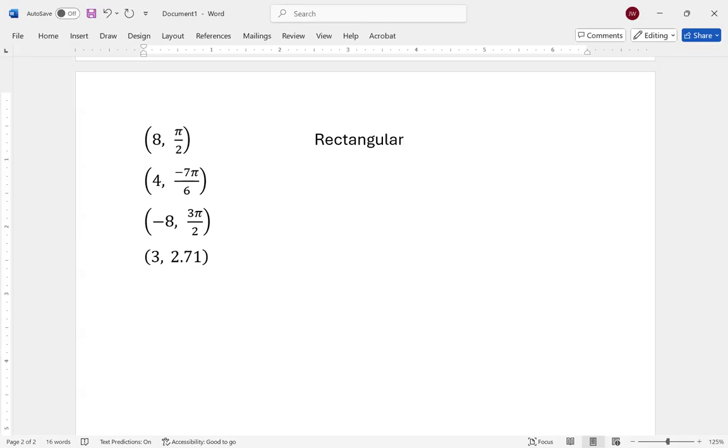In rectangular form, well, I'm looking for an x value and a y value. And from our conversion equations, the x value is going to be given by r times cosine of theta. The y value is going to be r multiplied times sine of theta.